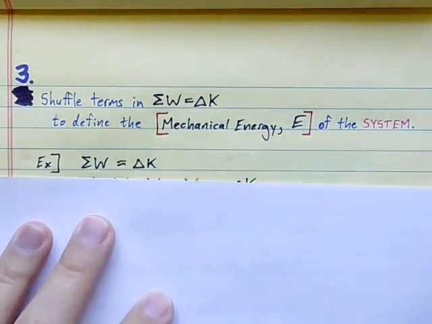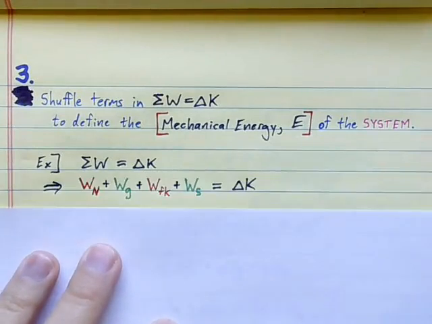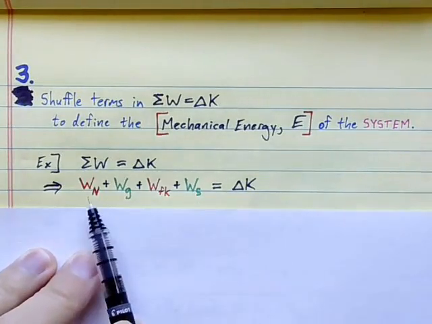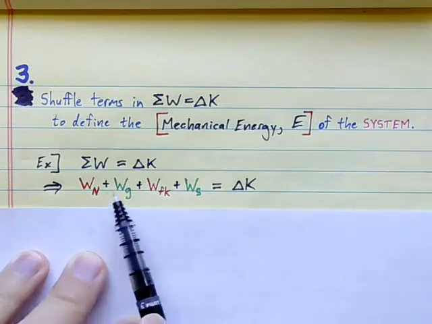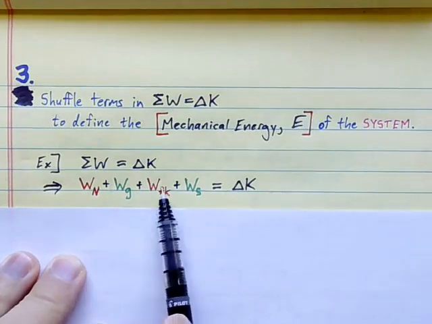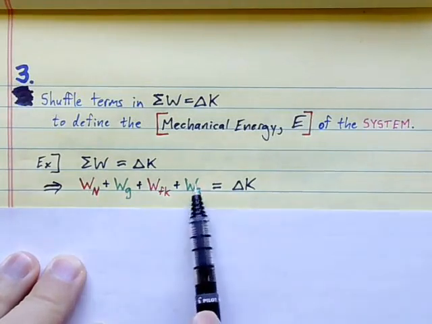Starting with the work-energy theorem here, on the left-hand side we'll write out the sum of all the works, one term for each force that's present. Each force that's present could be doing work. So two works done by non-conservative forces, two works done by conservative forces.